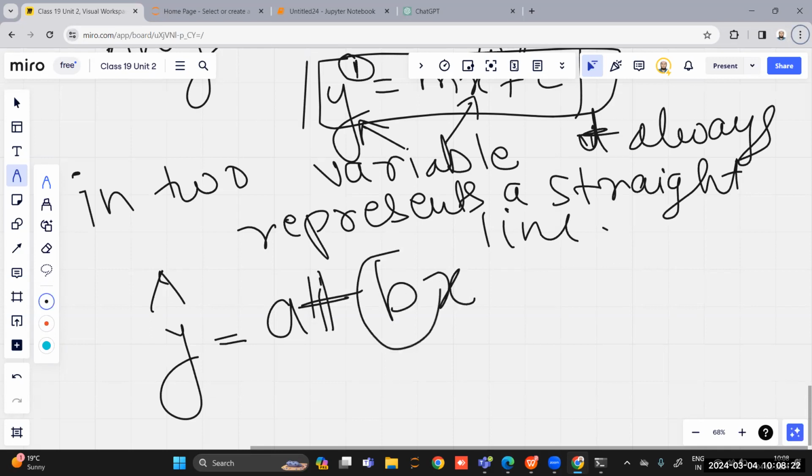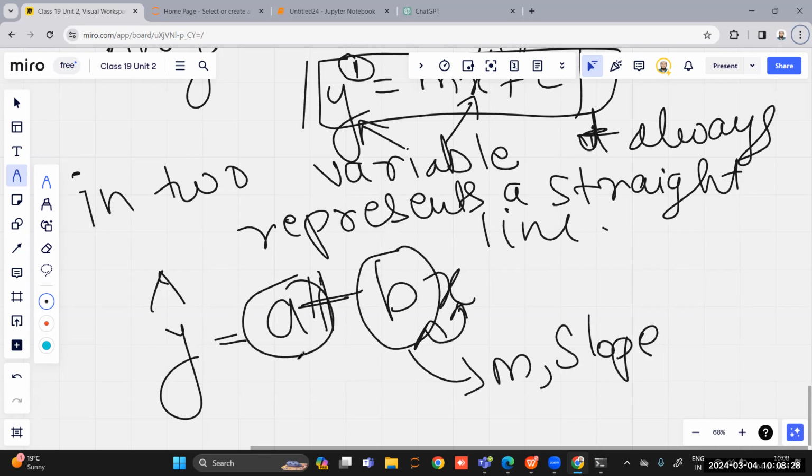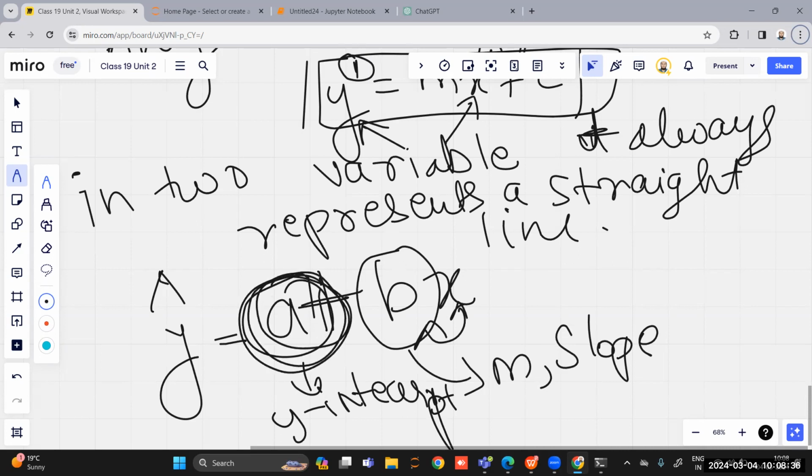Now this b is coming with x, so this will be considered as m, that's known as slope, and this a will be the y-intercept. The things are only changing, the way of writing is changing. He's writing the y-intercept first and then the slope with x. So the coefficient that comes with x is always the slope, the inclination, and the thing that doesn't come with anything, that's a, is always the y-intercept.